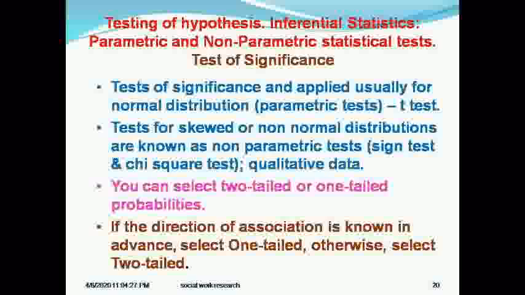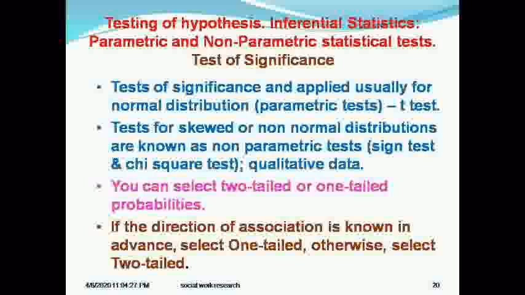Now, there are again two types of test of significance. One is called two-tailed, the other one is called one-tailed. If the direction of the association is known in advance, we can use one-tailed, otherwise we have to choose two-tailed test. What does it mean, one-tailed and two-tailed?